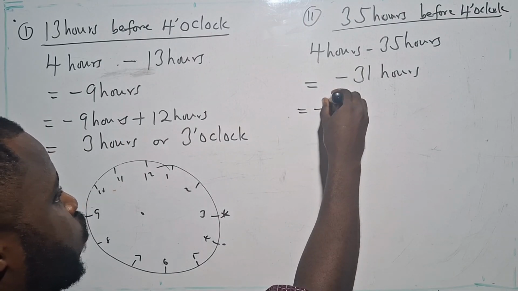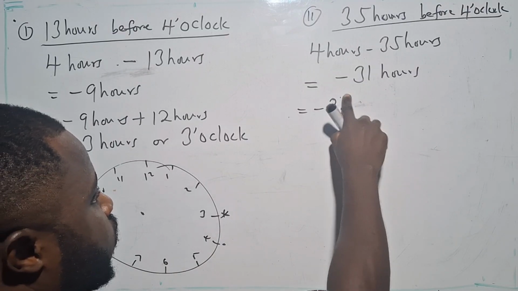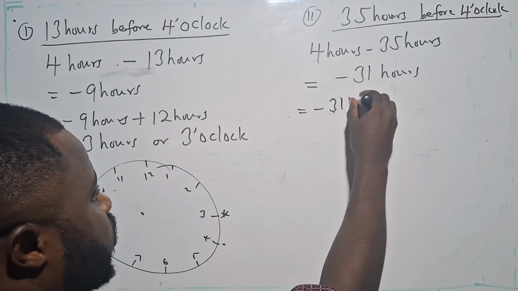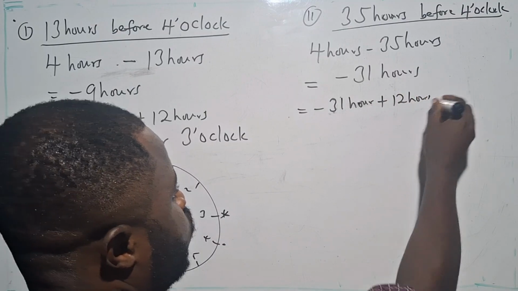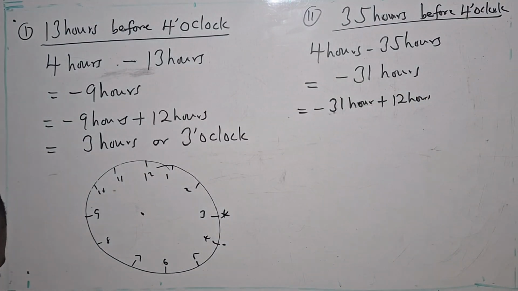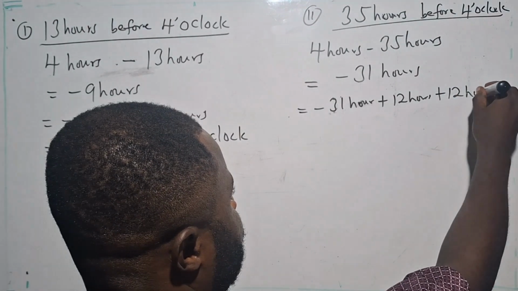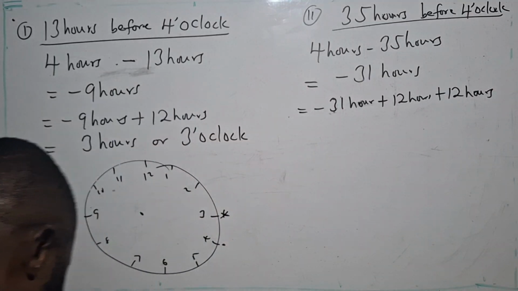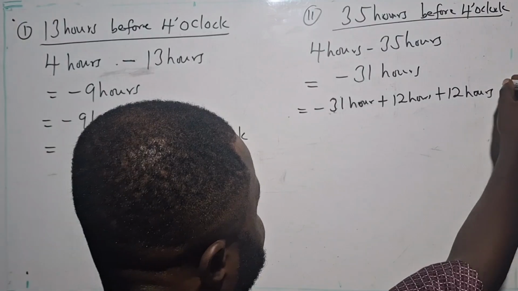So negative 31 plus 12 hours, the first one is going to give us negative 19. So we have to add another 12 hours. Another 12 is going to give us negative 7.